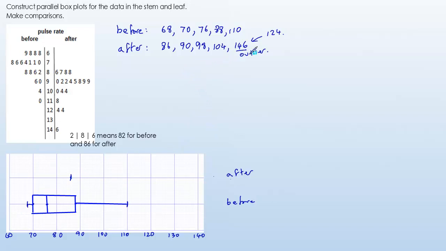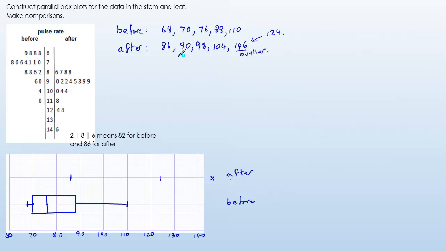And we go up to 124 if we don't include the outlier in the actual box plot. And then the 146, as I said, would just be off the side here. We can indicate that separately, that there's an outlier there.